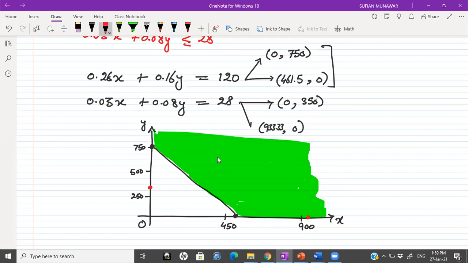Joining both the points with a straight line, so this is the second one. This is the first inequality and this is the second one.